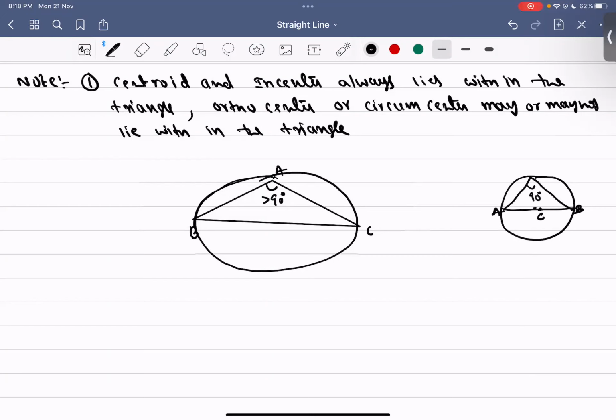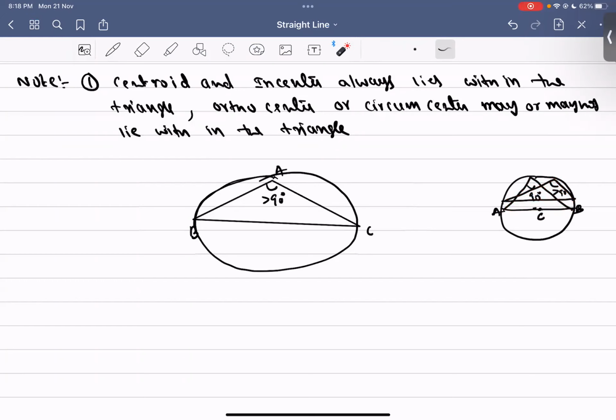But if you take any chord other than the diameter, then the angle made by it on the circumference of the circle is greater than 90 degrees. So in this situation, it is not a right angle triangle.